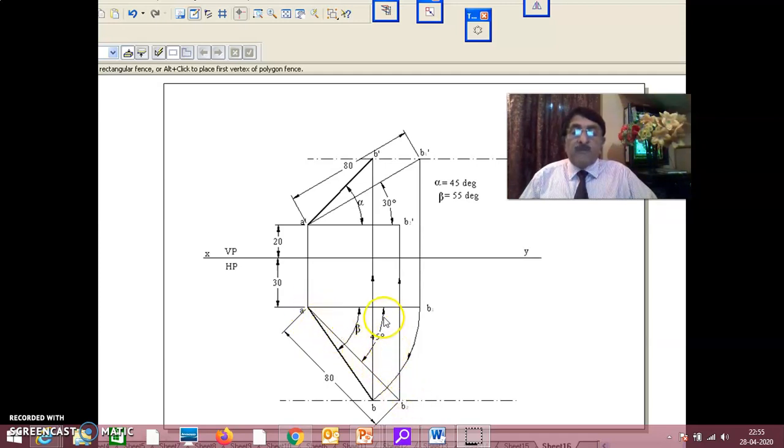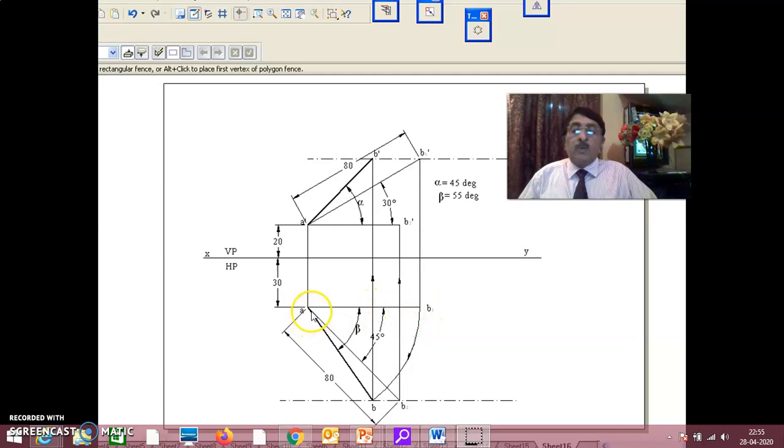Draw AB2 at 45 degrees and 80 mm, and immediately draw the corresponding front view A'B2'. Because if this is the true length, the corresponding other view should be parallel to the XY line. In the same way, if A'B1' is the true length, the corresponding other view should be parallel to the XY line.